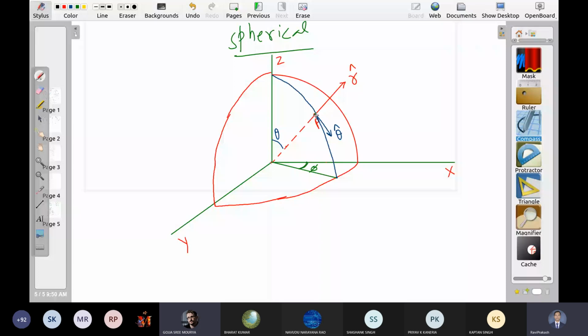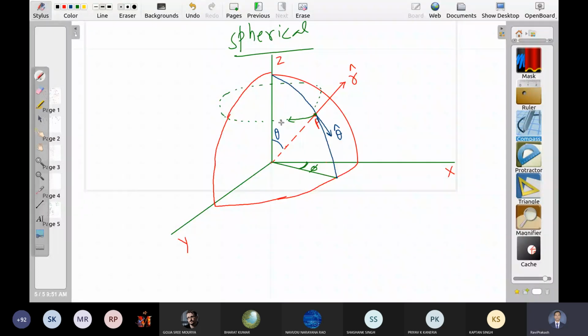Sir, go away from the center radially. No, again go on the surface. Just as you moved on the surface for theta, you have to move on the surface, but in a horizontal plane, means on this. And if I complete this line, then it is a horizontal circle on this full sphere.